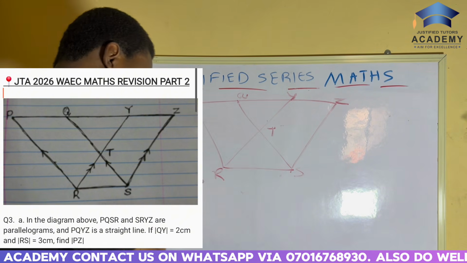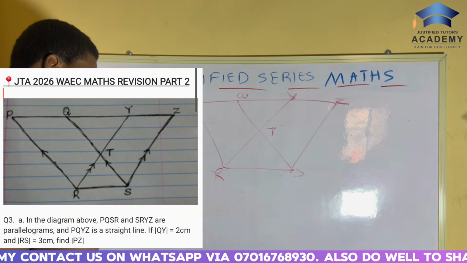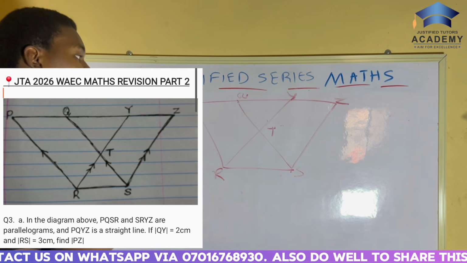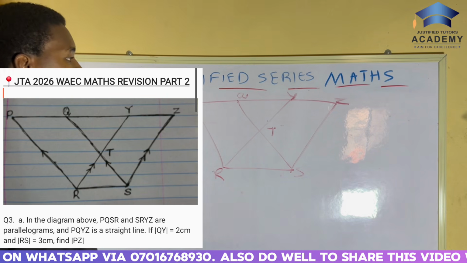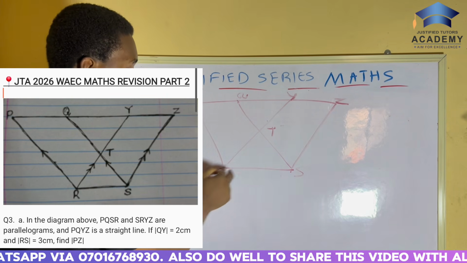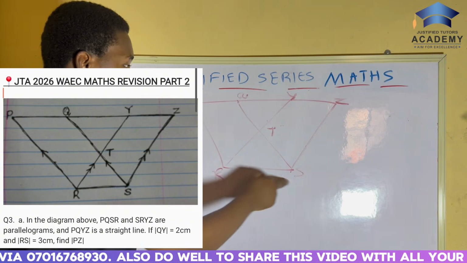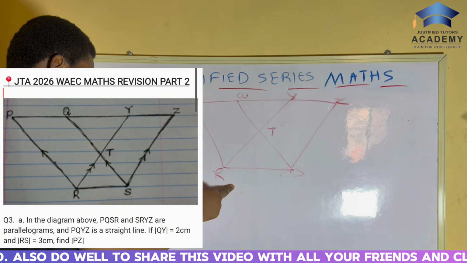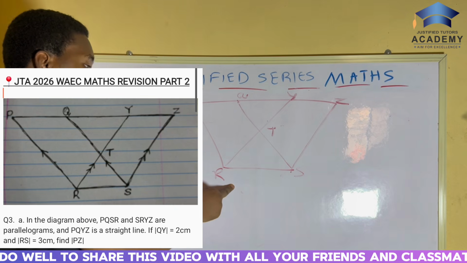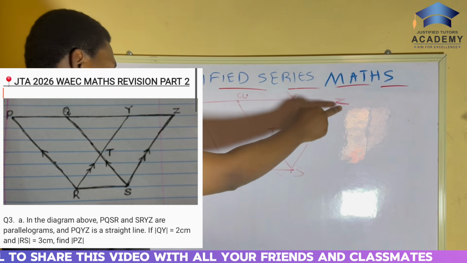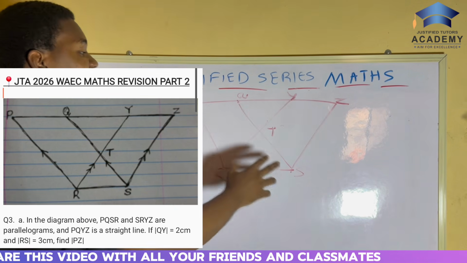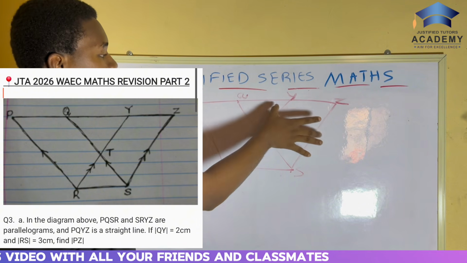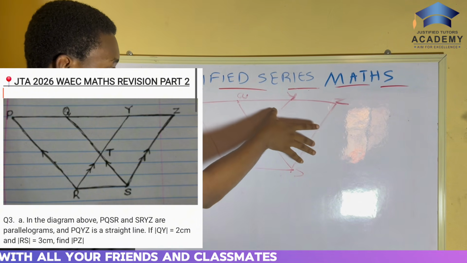So they now say that in the diagram above, PQSR and SRYZ, these two things here, are parallelograms. You can see them.